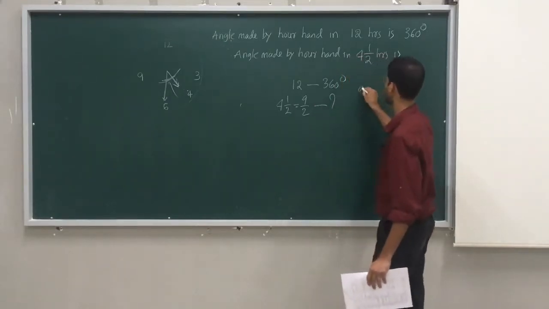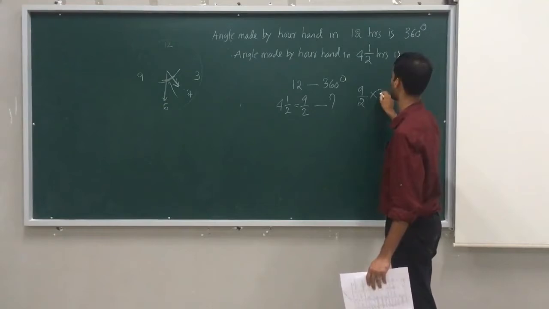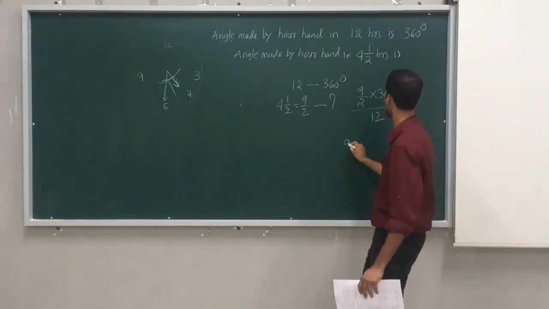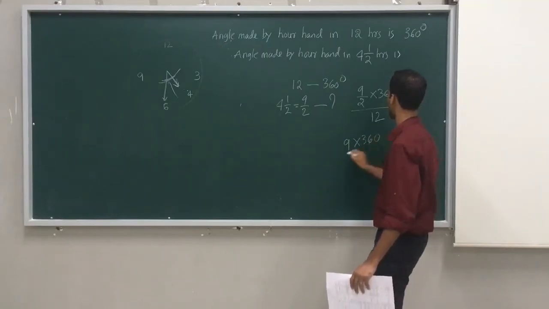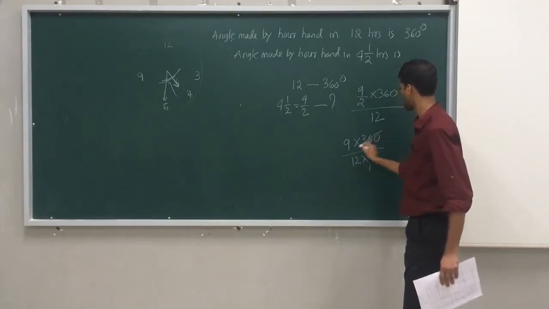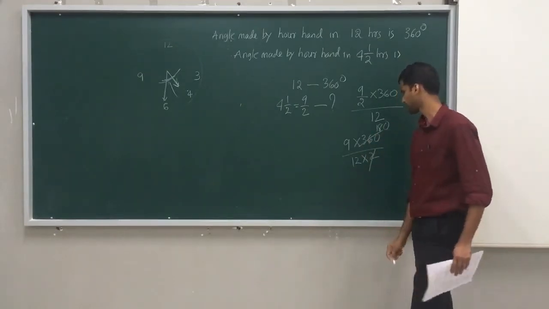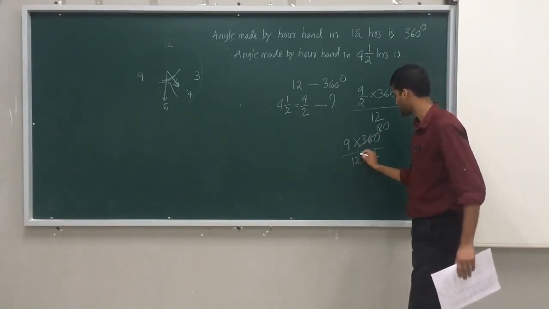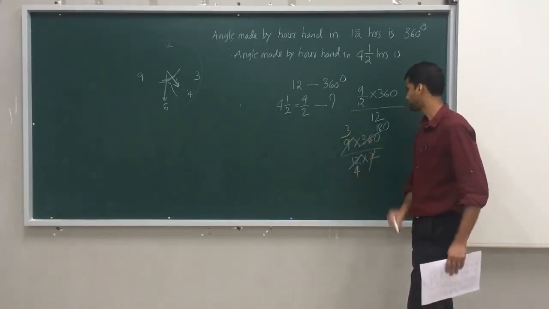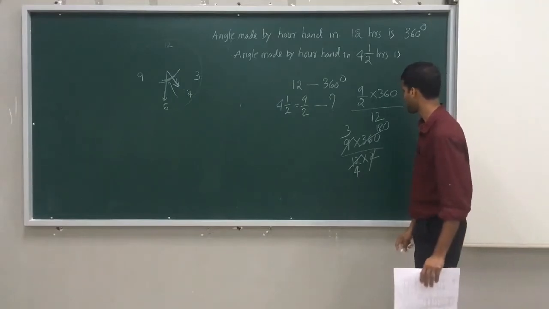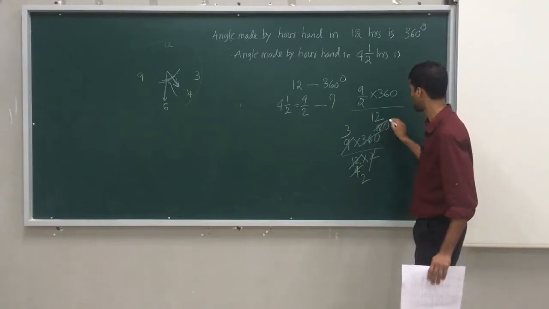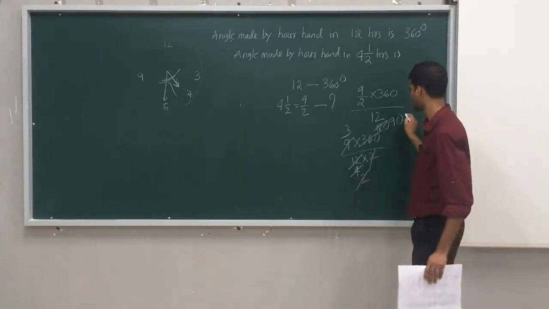So what we will do is cross multiply. 9 by 2 into 360 upon 12. So it is nothing but 9 into 360 upon 12 into 2. 2 ones are 2, 12 threes are 36. 2 twos are 4, 90. 2 ones are 2, 45.